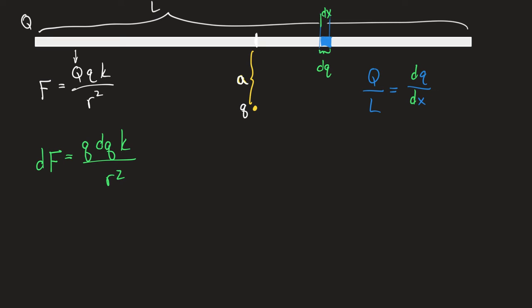So this expression we're using, this terminology, this symbology of df, dq, dx means a piece or a small amount of the whole. So dq is a small amount of the entire charge q. dx is a small piece of the entire length of the bar, L. I just happen to know that this ratio exists.